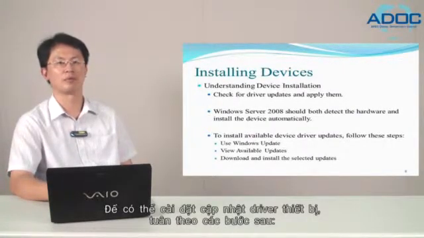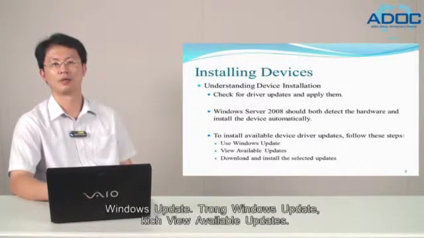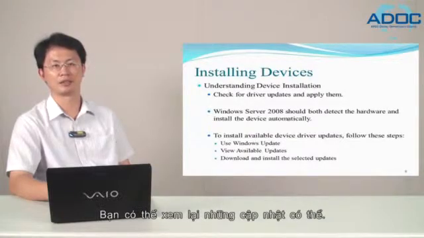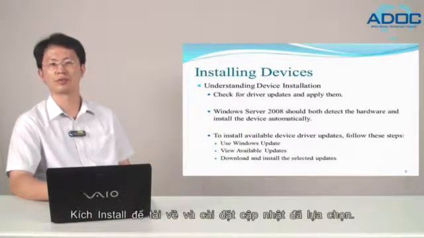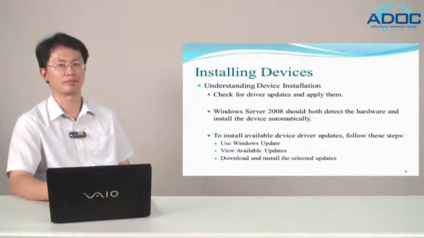To install available device driver updates, follow these steps. In Windows Update, click View Available Updates, and you can review the available updates. Check Install to download and install the selected update.